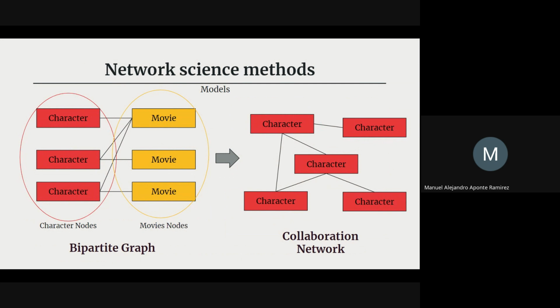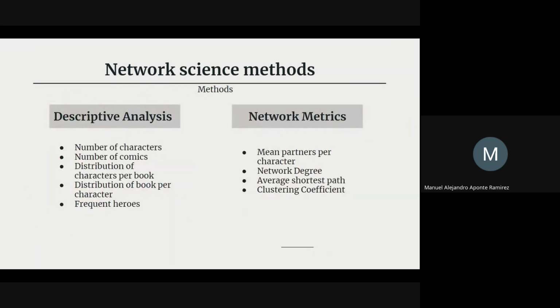First, we have a bipartite graph, which is especially useful because we could map a character to each movie, and each edge connects a character and a movie, which gives it very useful properties. The good thing about this bipartite graph is that we could model it in a way that lets us find the relationship between each of the characters. So we could create a collaboration network.